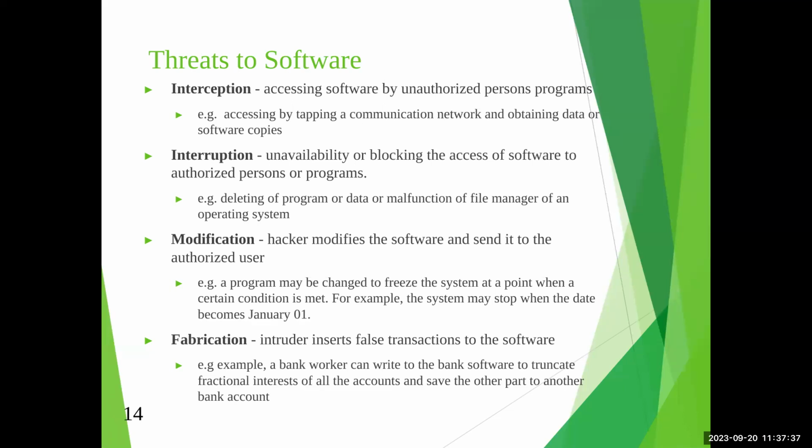Fabrication is when an intruder inserts false transactions into the software. For example, a bank worker can write code in the bank software to truncate fractions. Actually, this has happened. When we calculate bank interest, we calculate up to two decimal points, but there may be more decimal points.